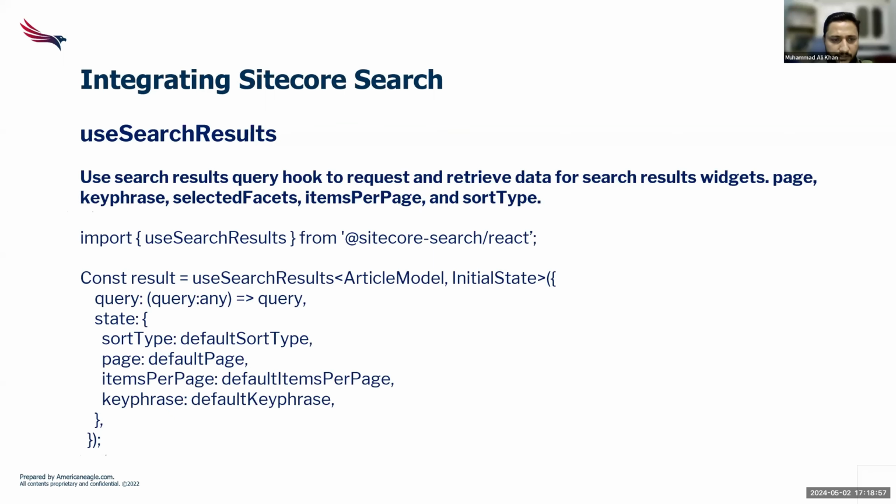If we go to the next slide, this is the basic implementation of useSearchResults, where we can supply a couple of variables like sort type, default page, and default key phrase. It will return everything against that default key phrase which we supply. Any query, any page, any kind of filter we can supply within this query object, and it will return those results in this results object.